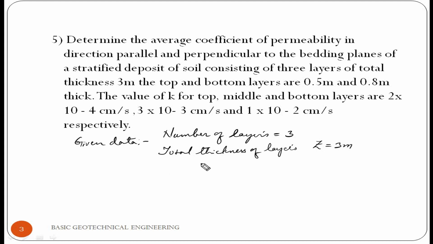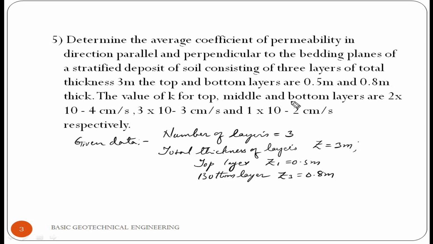So here top and bottom layers data also have been given. The top layer, that is Z1, is given as 0.5 meter, and the bottom layer, that is Z3, is given as 0.8 meter. Their permeability has also been given here.